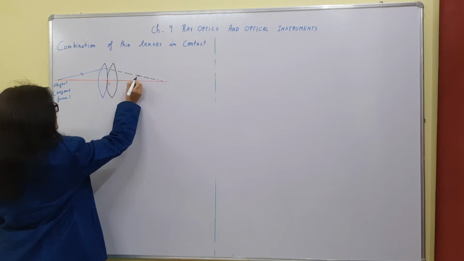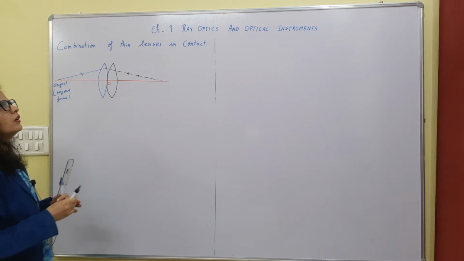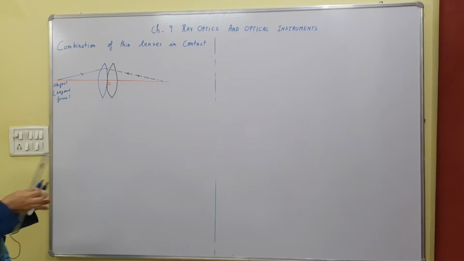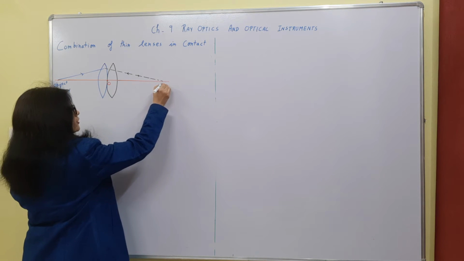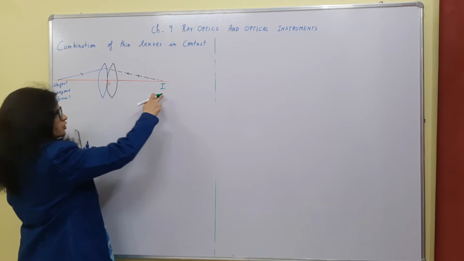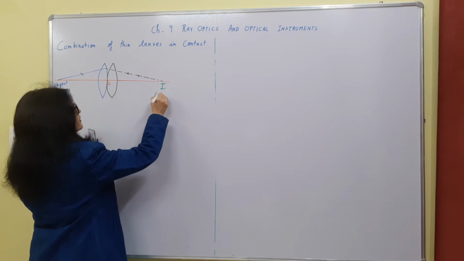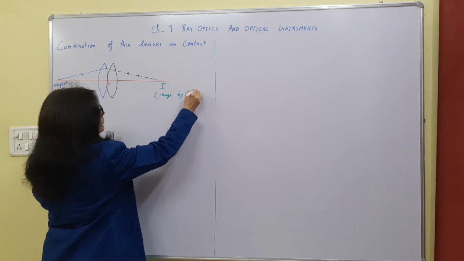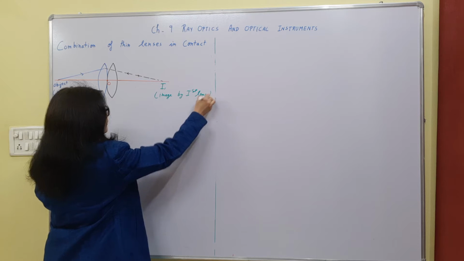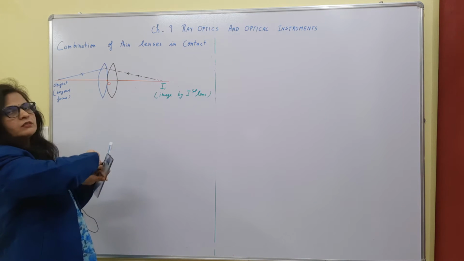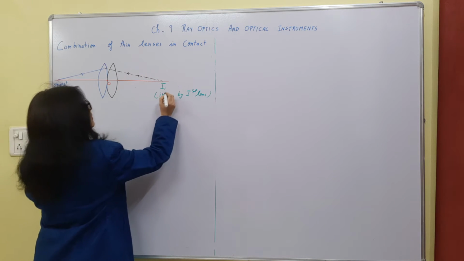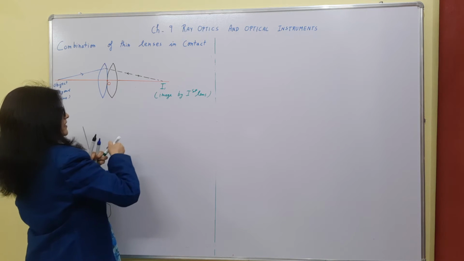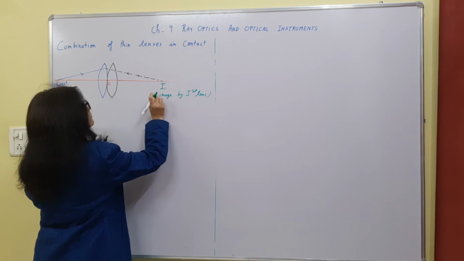As we had discussed in refraction by a lens, this first image, the image formed by the first lens, is a real image, and it acts as a virtual object for the second lens.